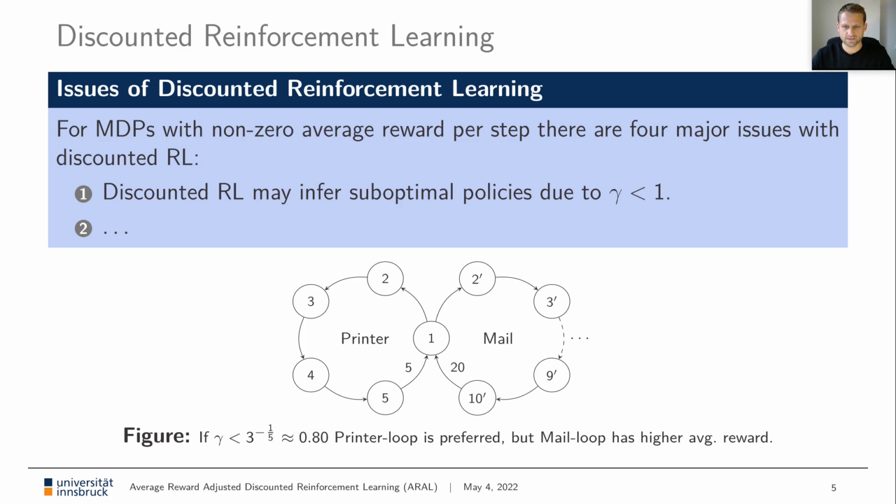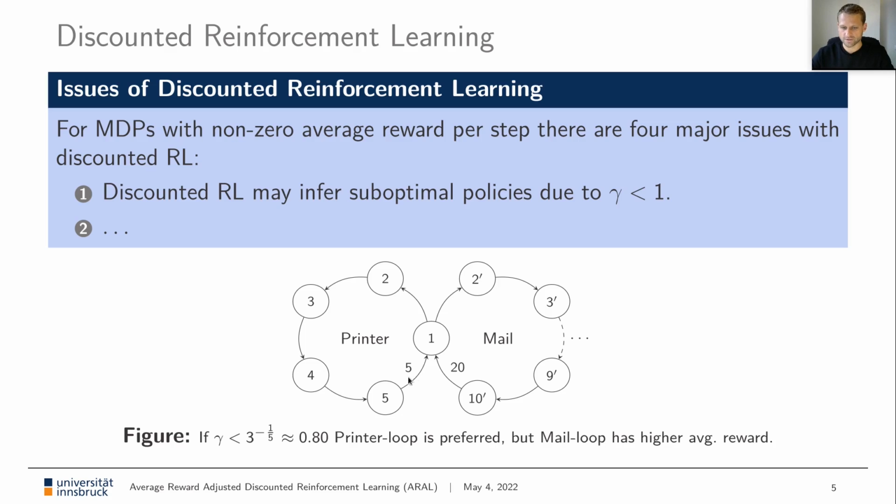And the first is that it may not infer optimal policies because the discount factor is strictly less than 1. To explain, let's have a look at this problem here, where we have one action choice of going left or right. If you go left, the agent does the printer loop, which means it does 5 steps, and in the last step it receives a reward of 5.